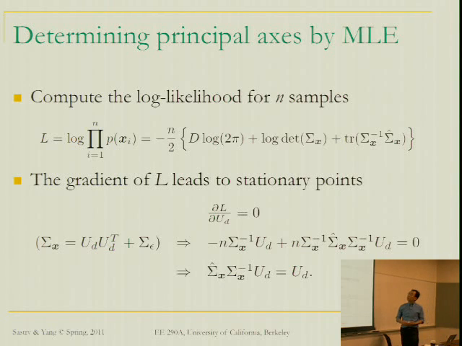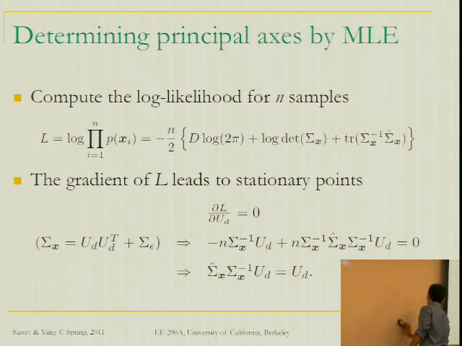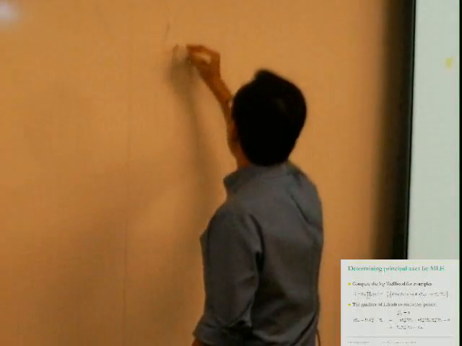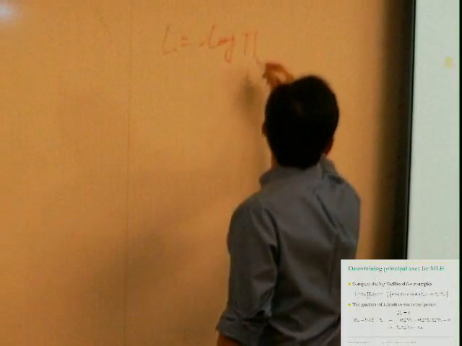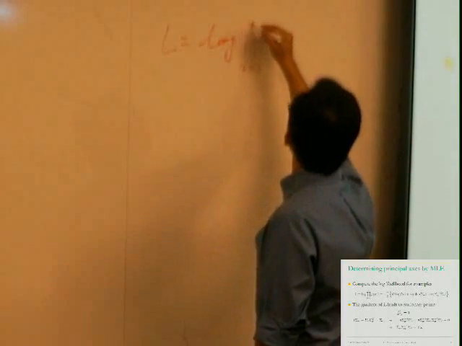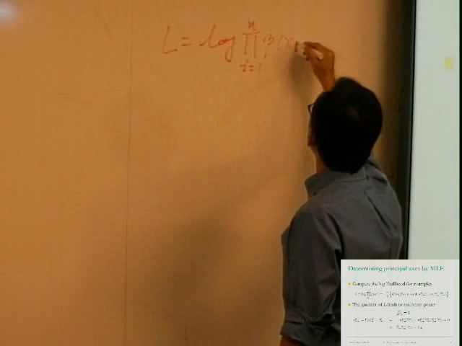So next we are going to compute the log likelihood. The definition of log likelihood given n samples is just the log of the product of the probability of xi. L is equal to the log of the product of i equal to 1 to n of P of xi.